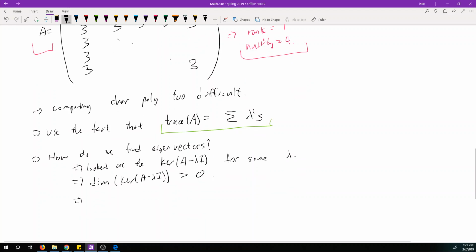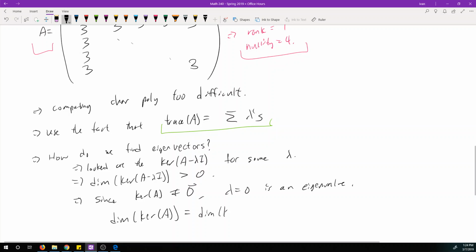So note that since ker A is non-trivial, it's not just equal to the 0 vector, lambda equals 0 is an eigenvalue. Because the dimension of the kernel of A is the same thing as the dimension of the kernel of A minus 0I.